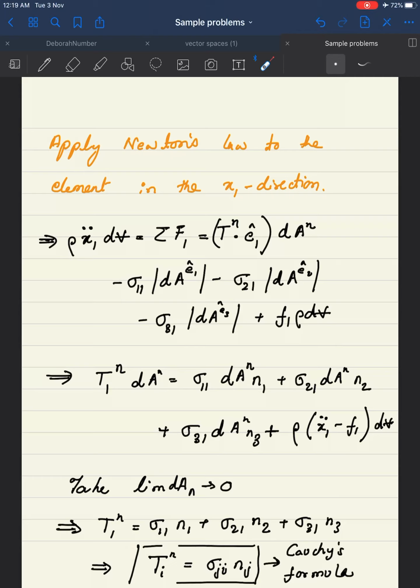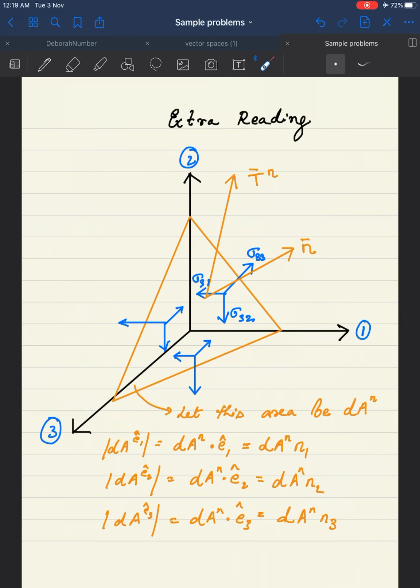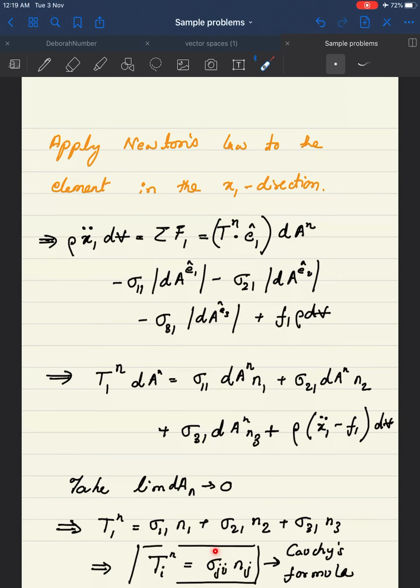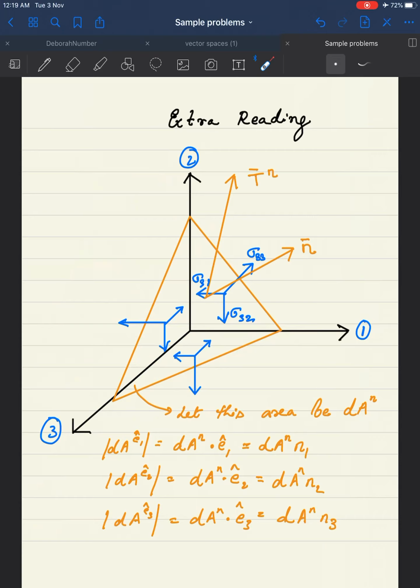This is also known as Cauchy's formula, and this particular stress, which is associated with these imaginary control volumes that are drawn, is also called the Cauchy stress. There are other types of stresses possible depending on how you define this n vector, and we are not going to go into that.